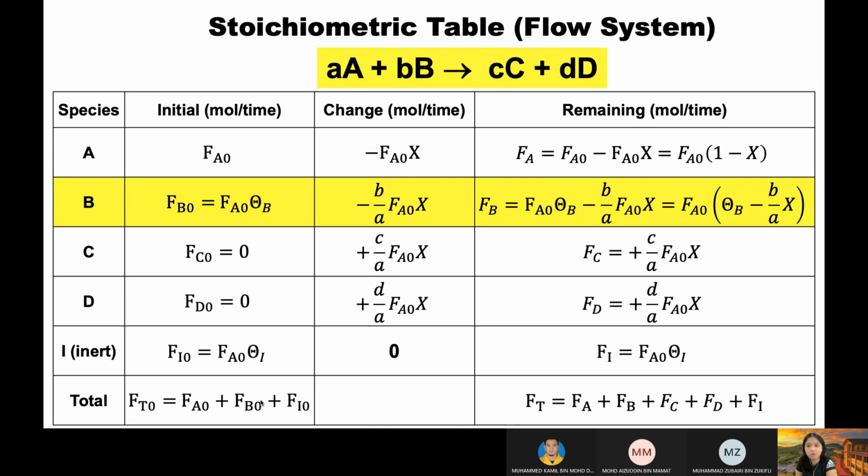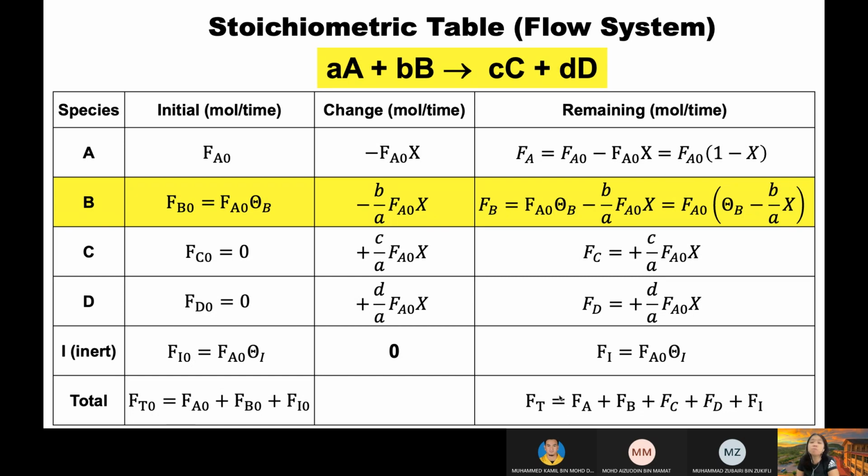initial molar flow rate. So example just now I told you, katakanlah F naught tu 10. FB naught ni katakan lagi 10. So 10 mole per minute, 10 mole per minute. Let's say inert, let's say lah 5 mole per minute. So total initial 10 plus 10 plus 5 is 25. So total initial molar flow rate FT naught, T to indicate total, F molar flow rate, 10 plus 10 plus 5, 25 mole per minute.